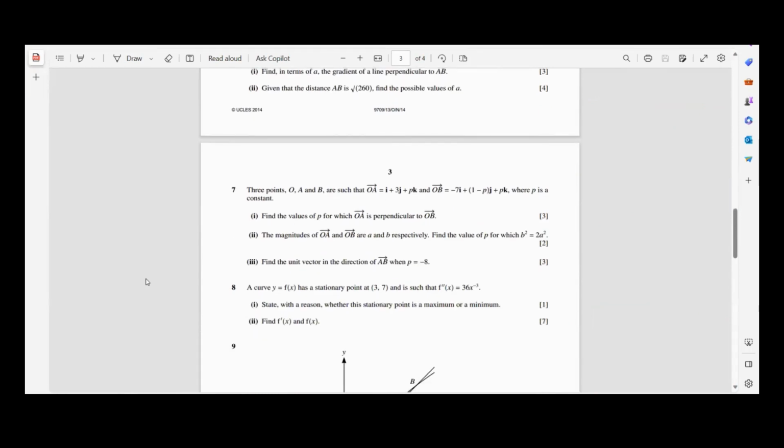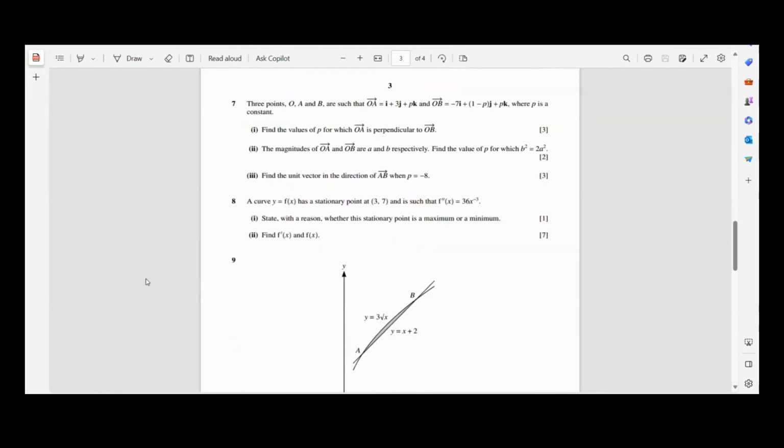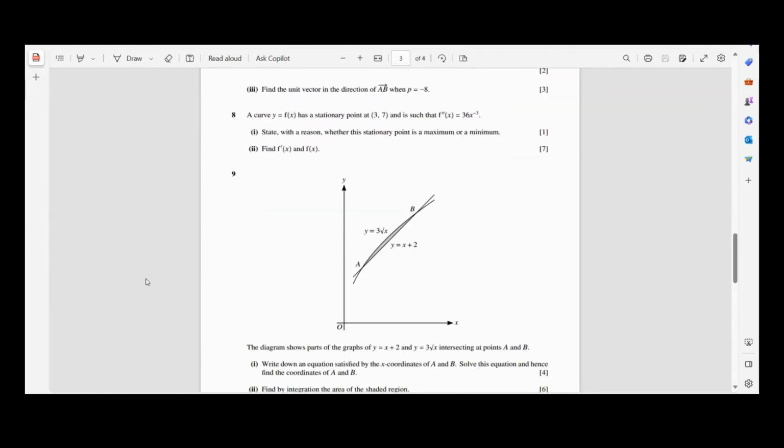Okay, number 7 is about the factor theorem. Because it's not included in the syllabus, I will skip number 7. Now I will go to number 8. We have a curve f(x). The stationary point is this, such that the second derivative is this. State the reason whether this stationary point is a maximum or minimum.